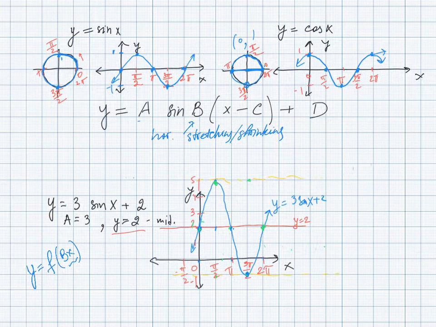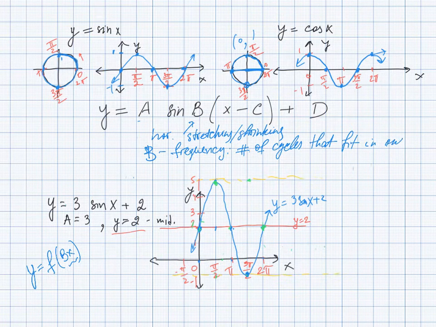B is called frequency, and what this frequency is, it's the number of cycles that fit in one 2 pi period, or 2 pi interval.